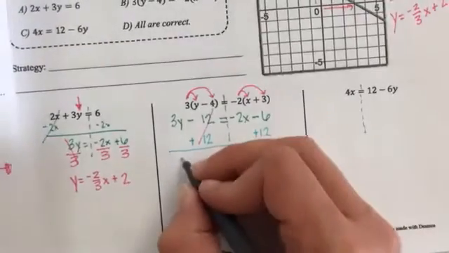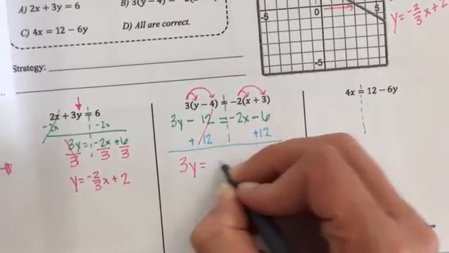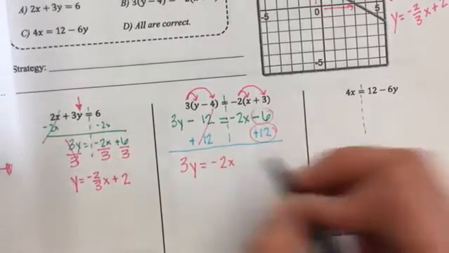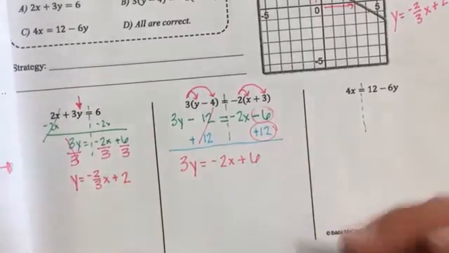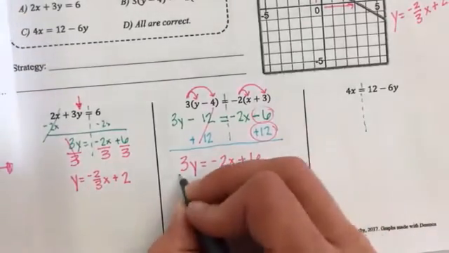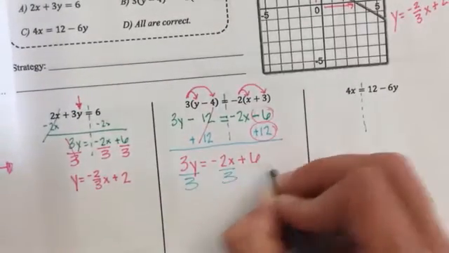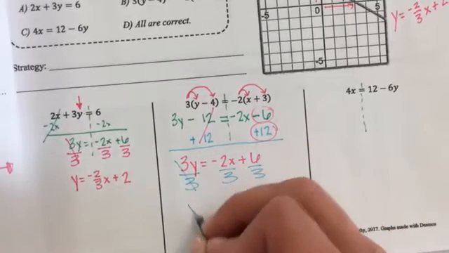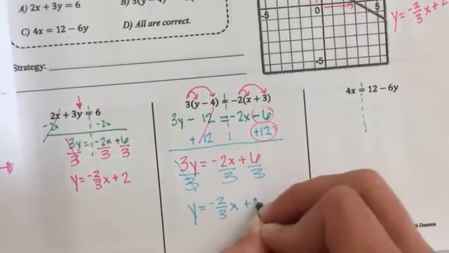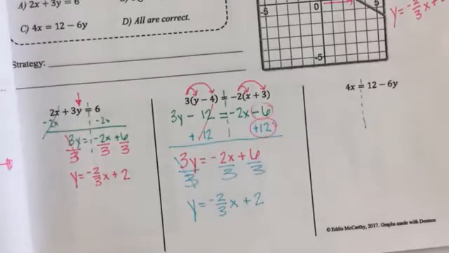Those cancel. I end up with 3y equals -2x. A -6 and a +12 is going to give you a +6. The last step is to divide by that 3. My y equals -2/3 x plus 2. What do you guys notice? They're all going to be equal. They're just going to be the same, maybe.